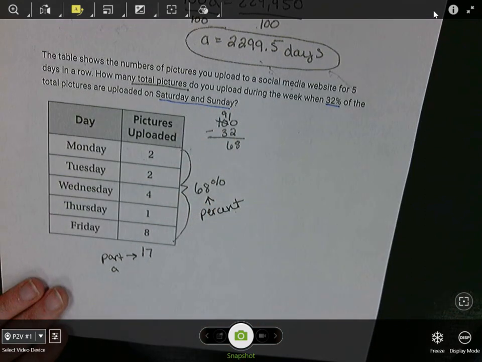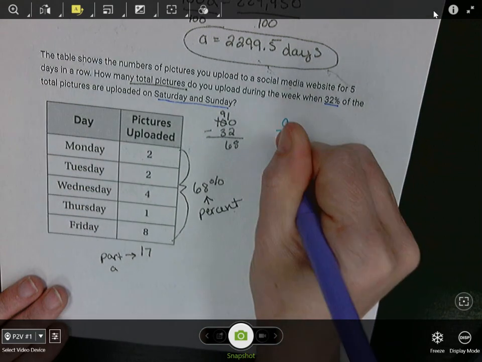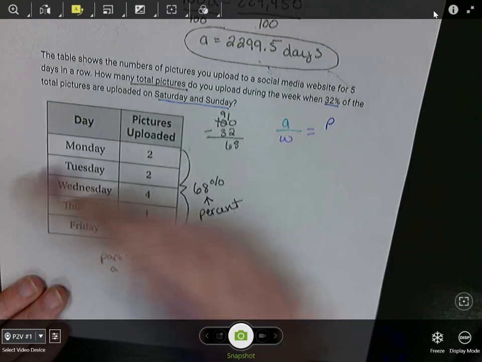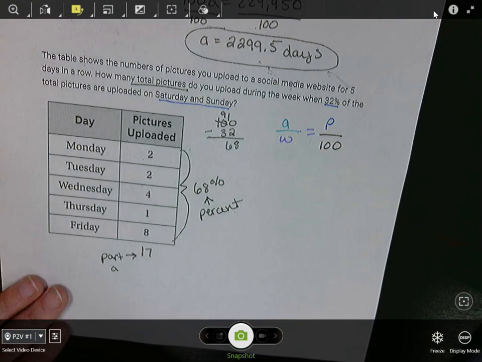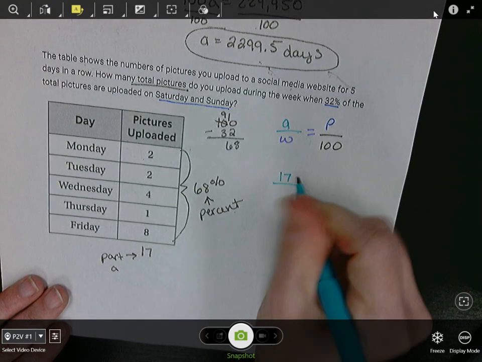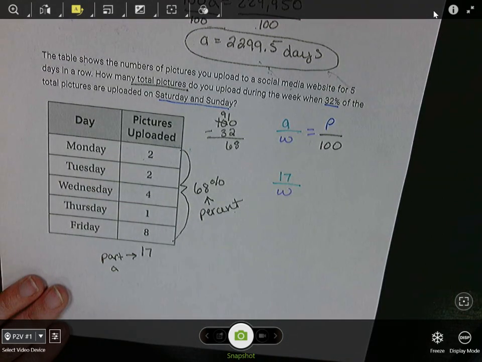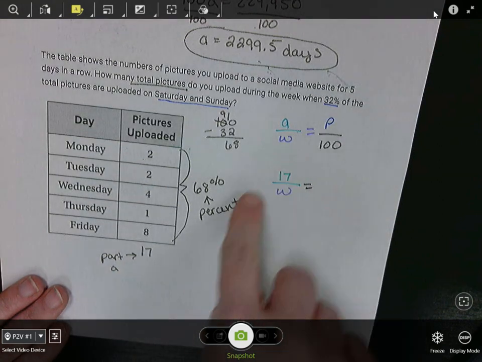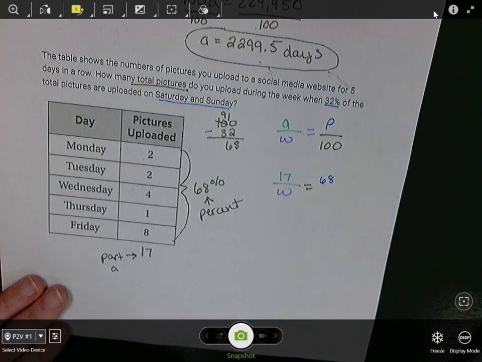So A over W equals P over 100. Our part is 17. We don't know what the whole amount is, so we leave it as W. For P, our percent, we said was 68, over 100.